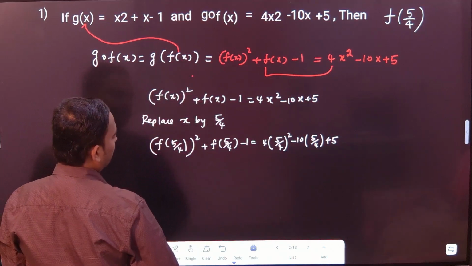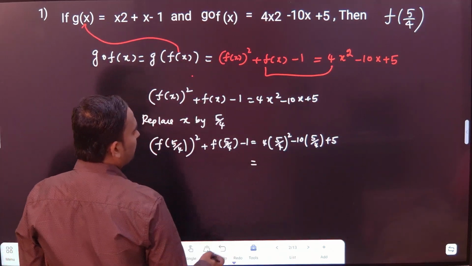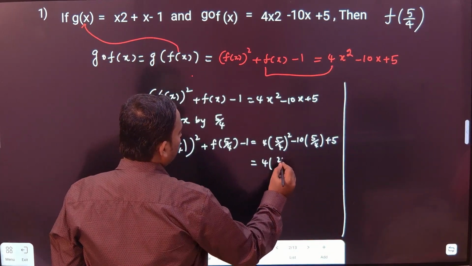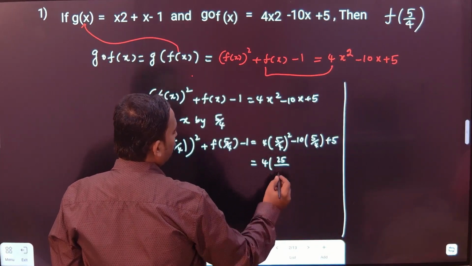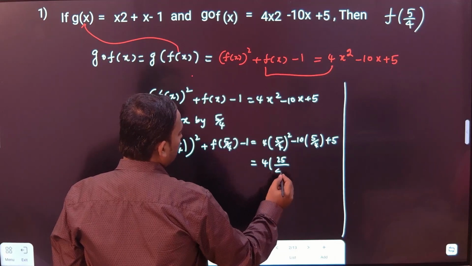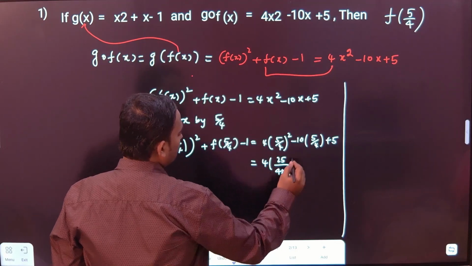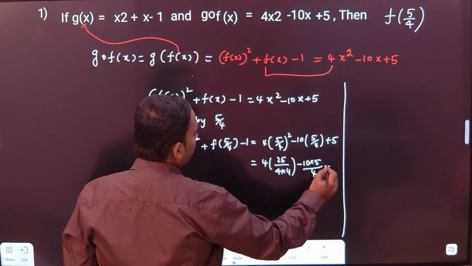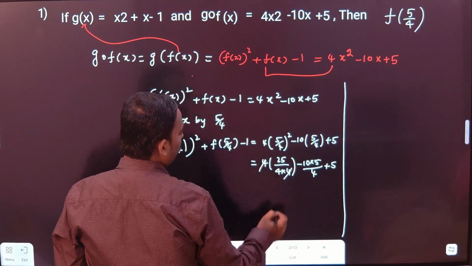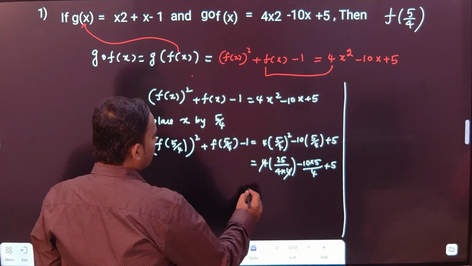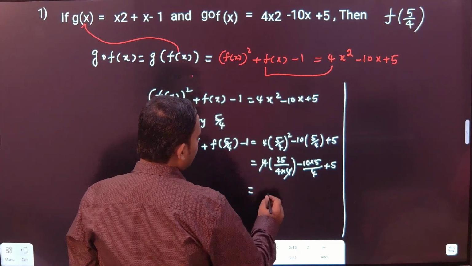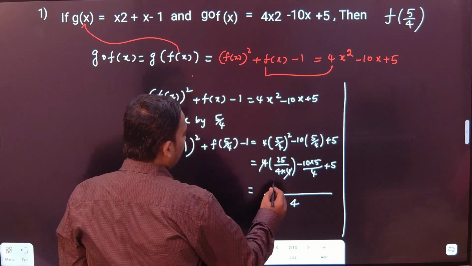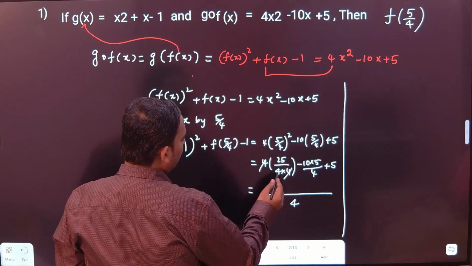Now, you can simplify this right side. What will we get? So, 4 into 25 by 4 square is 16. That means 4 into 4, right? Minus 10 into 5 divided by 4 plus 5. So, one 4 will be cancelled. You can see what LCM we can take. 4 you can take as the LCM, right? So, 20, here 4 is already there.